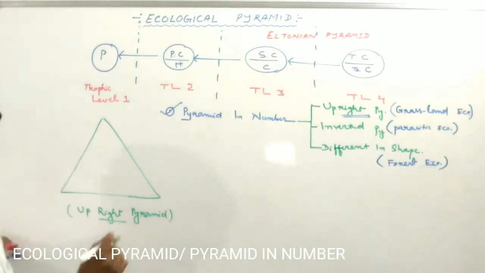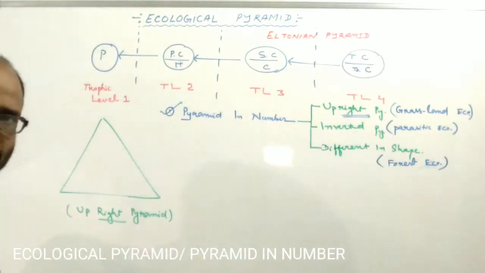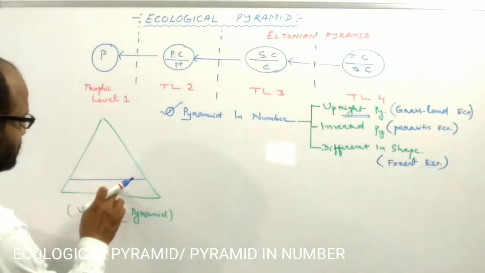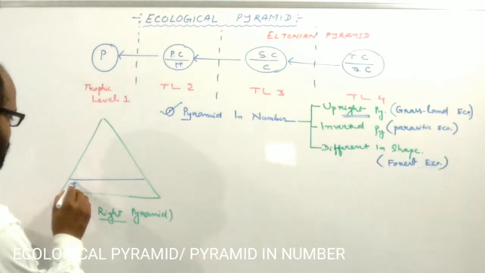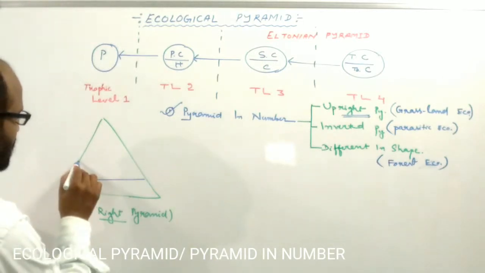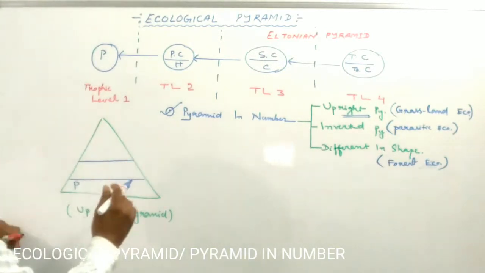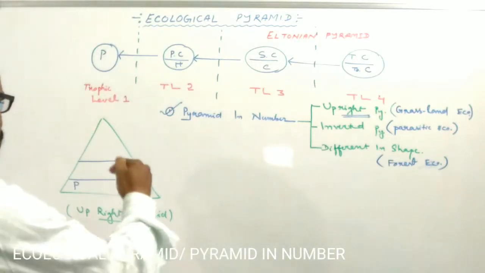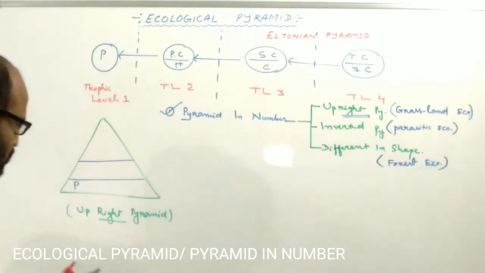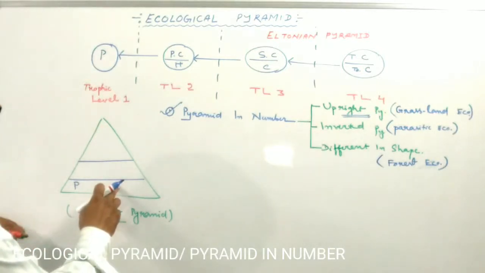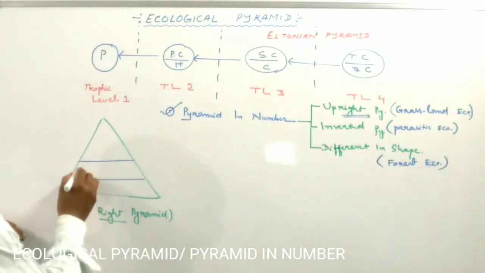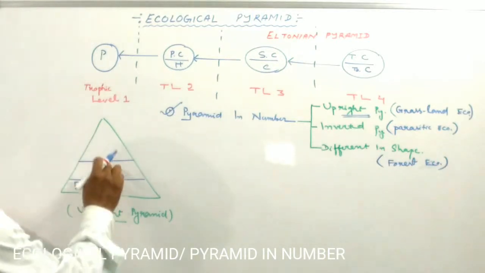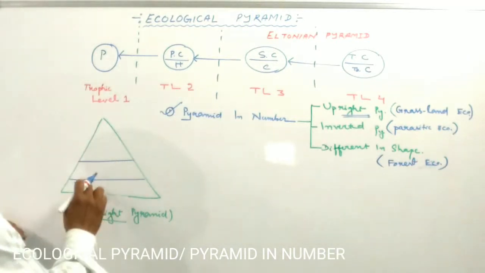In the upright pyramid, the producers form the base. Suppose that these are the producers, and subsequently all the consumers become tiers upon the producer. This is the producer level, and the successive trophic levels are present towards the apex.